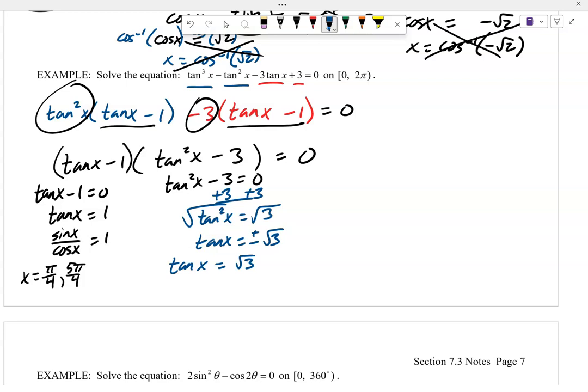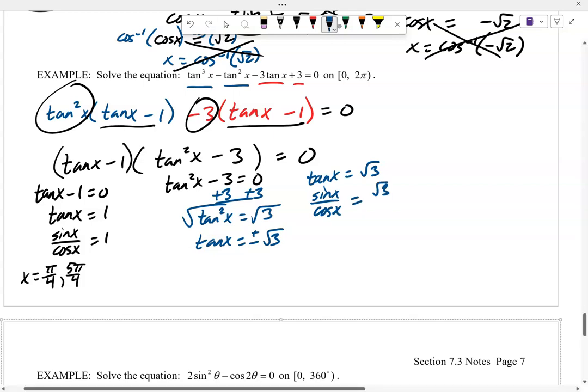Let me go over here for a minute. Tangent equal root 3. In other words, where's the sine over the cosine equal root 3? And by the way, we'll also have to do it for the negative root 3 as well. All right, let's do sine over cosine.